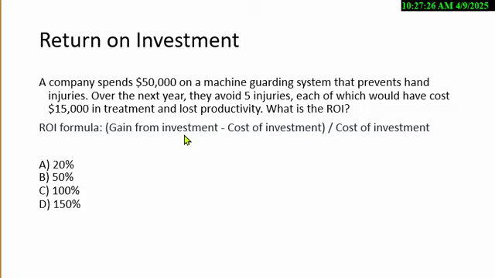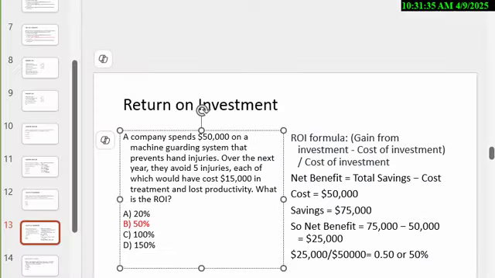This is a tough question because a lot of times when you're dealing with these percentages, people are not confident because they don't do this a lot. So let's see if we can do the numbers. 15,000 times 5 was not 75,000. So each injury we avoided is 15,000, times 5 injuries is our savings.